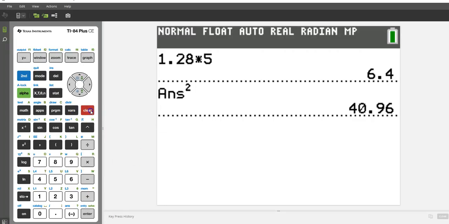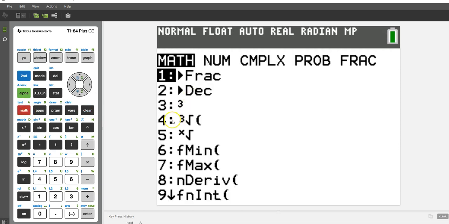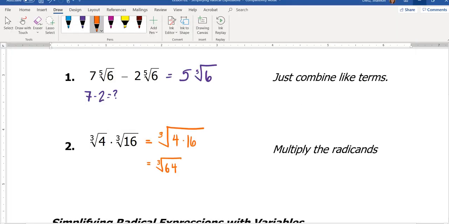So I'm going to start with the cubed root. I'm going to type the math button, and you can select that fourth option down, which is the cubed root. I'm going to type in 64, see if it is a perfect cube, and it is. So this is equal to 4. And that's my final solution, as much as I can do there.